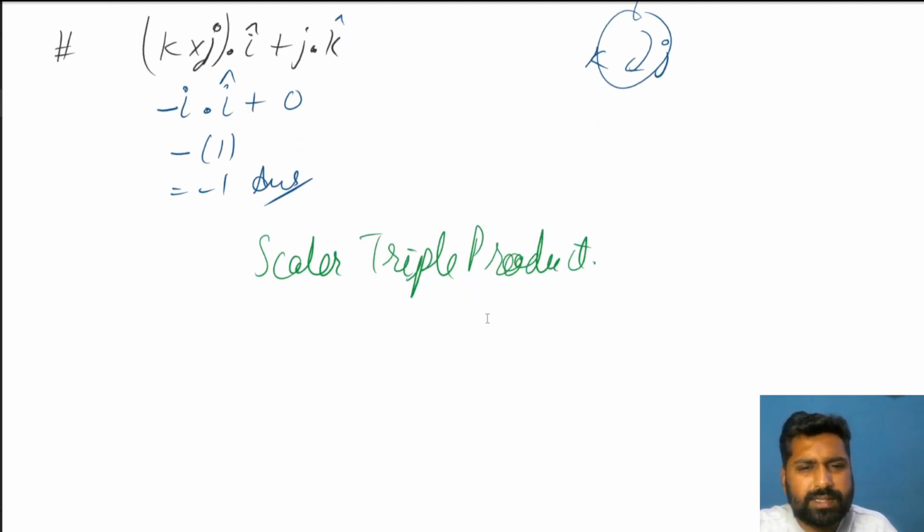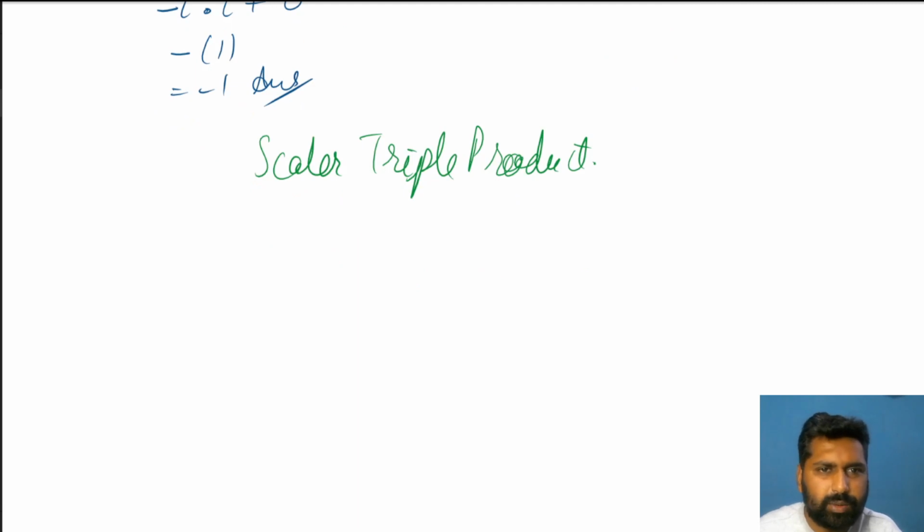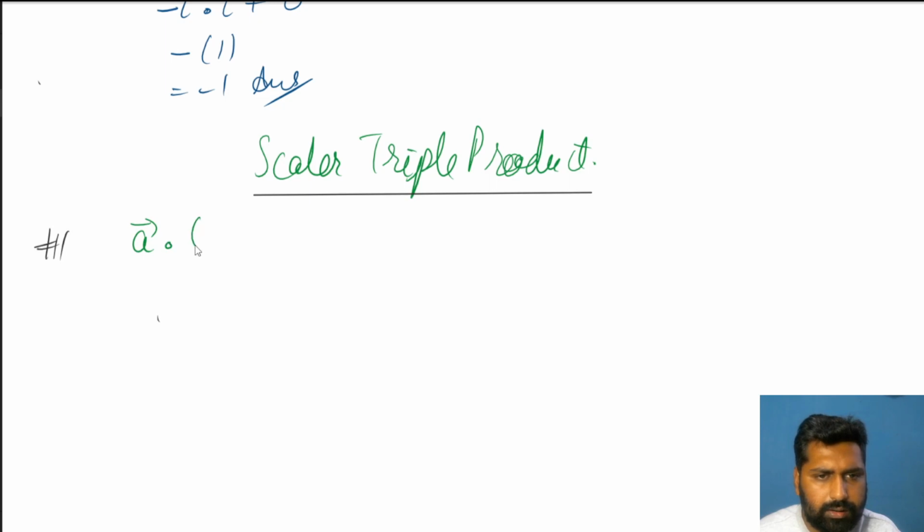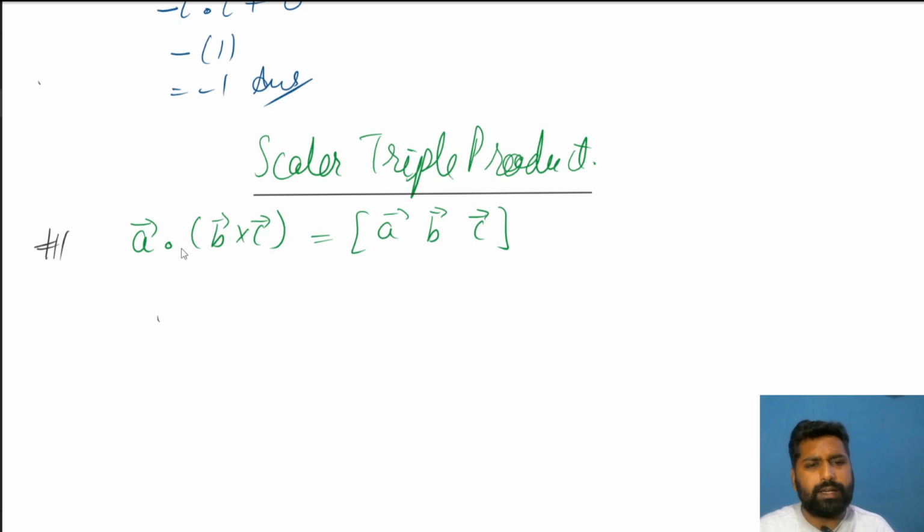Again, the problem with the scalar triple product is it's slightly lengthy to calculate. But sometimes the questions are asked based on the properties. So let's go through what is the representation and what is the overall idea. Scalar triple product is basically A dot B cross C, but it is represented like this: [A, B, C]. So instead of writing dot and then cross, directly we say [A, B, C].